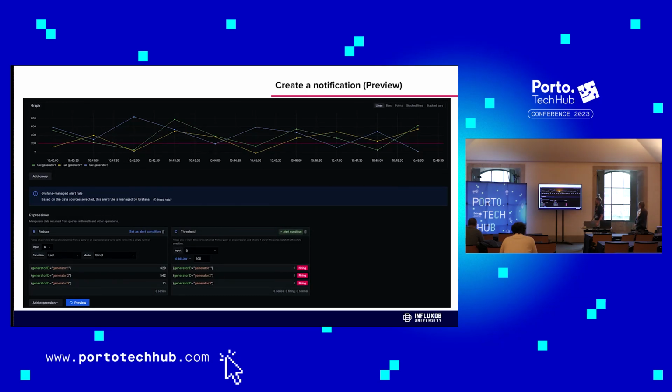So the next thing that we're going to do is configure our thresholding. At the moment we have two expressions at work here. We have our reduce expression. Essentially what that is doing is saying for all of the time series data that we've got in from our query, give me the last value, and the mode here is strict. And so it's giving us the last value here for generator 1, generator 2, and generator 3 based on that data that we've returned.